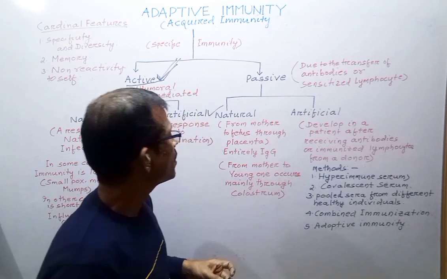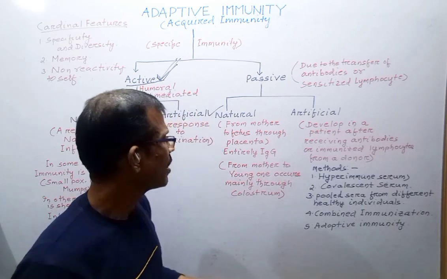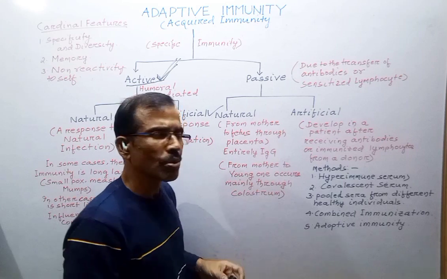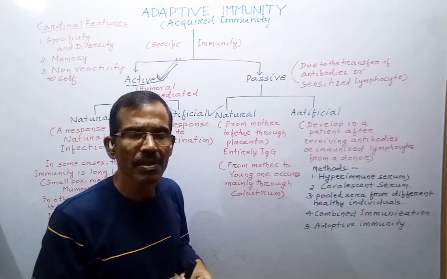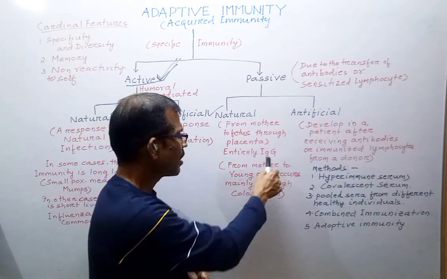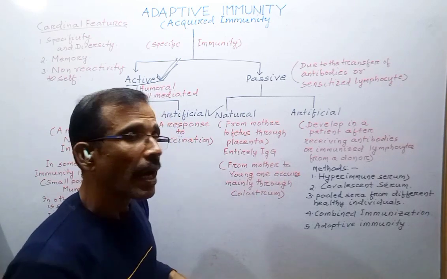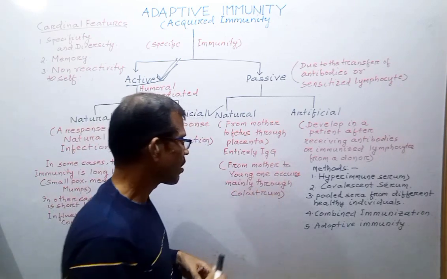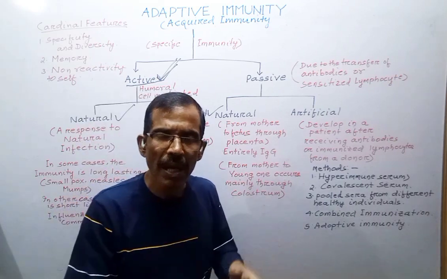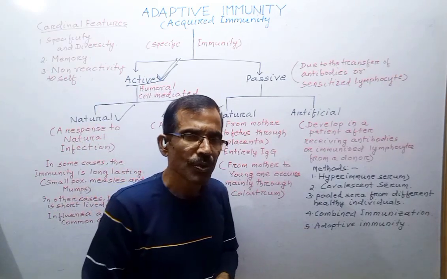Passive immunity can also be developed naturally, for example, through the transfer of antibodies, which is anti-immunoglobulin G, from mother to fetus and from mother to the newborn, which occurs mainly through colostrum.